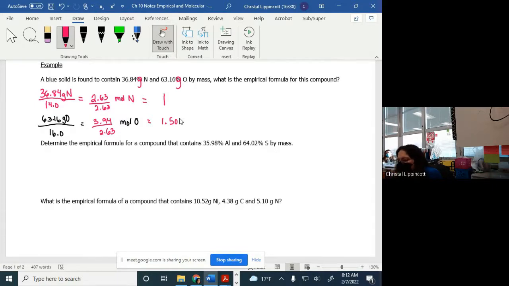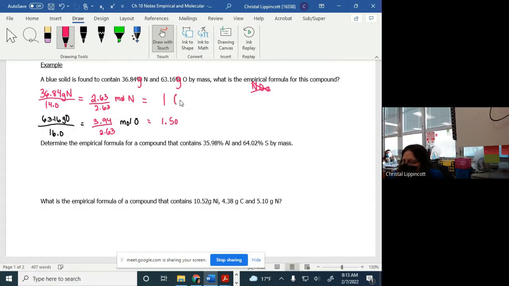Now, if these end up being whole numbers, at this point, those become your subscripts. But this isn't a whole number here. So I can't have NO 1.5. Okay, that doesn't work. So what you have to do is you have to multiply both of these. This is step 5. You have to multiply both of these by something that'll get that to a whole number. So what's the smallest thing that I can multiply these by to get it to a whole number? 2.